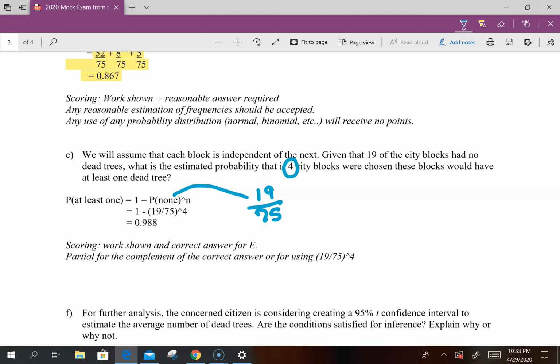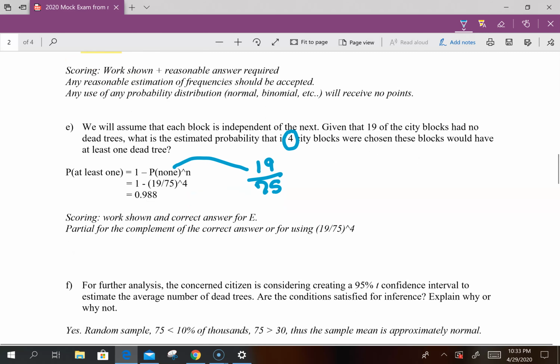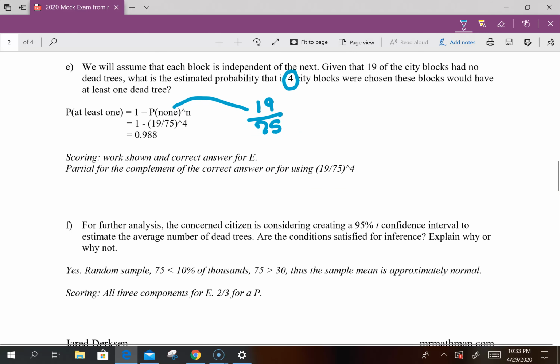There's not parentheses around that. And so when you work that all the way out, you end up getting 0.998 or 98.8%. All right, so if you forgot the 1 minus, you'd get partial credit. So making sure you've got that.